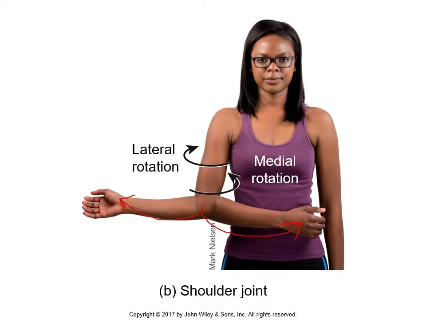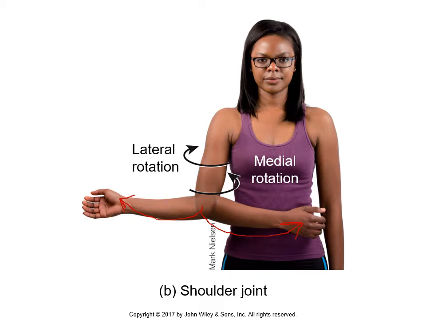Whichever one you want to call it. Again, medial rotation, lateral rotation. You also can see that in the hip joint, or the femoral acetabular joint. If I'm standing up and I turn the foot outwards, so my toes are pointing outwards, kind of like a duck, or I guess it would be a penguin waddle.